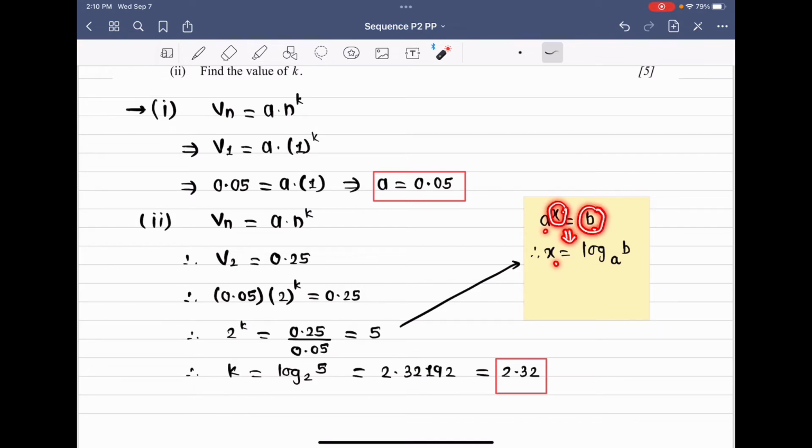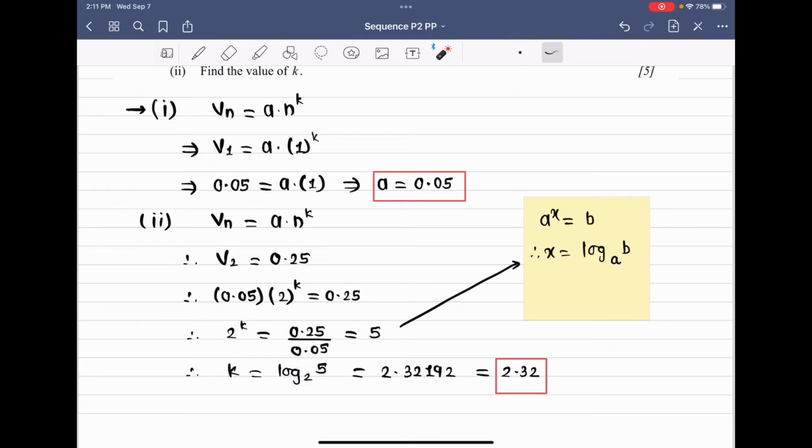On the other side, b gets a log, and the base a goes in the base of the log. Comparing, a is my 2, x is k, and b is 5. So I'm bringing k down. On the other side 5 gets a log, and the base 2 goes in the base of the log.